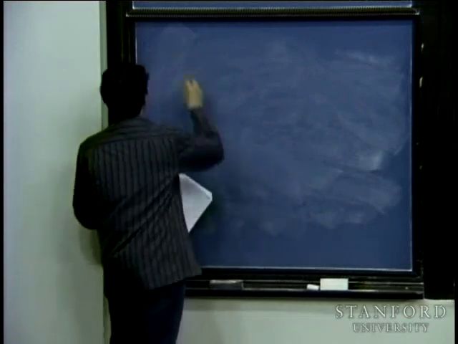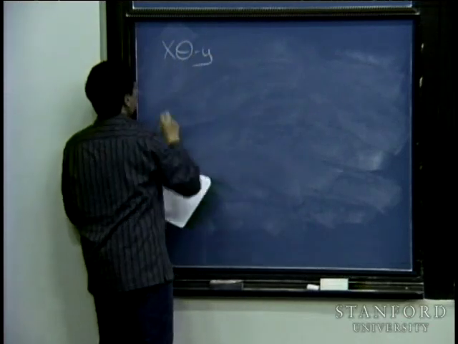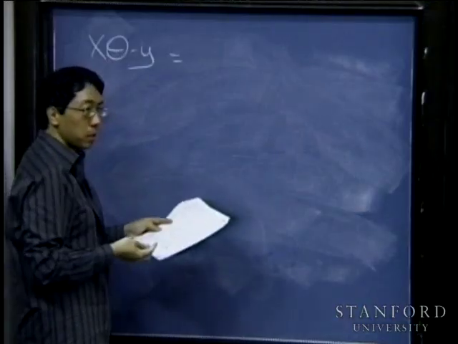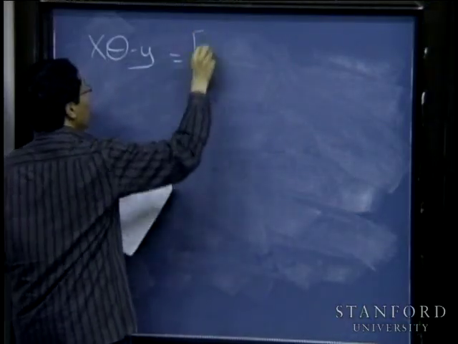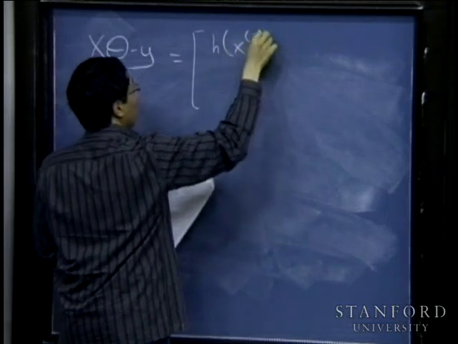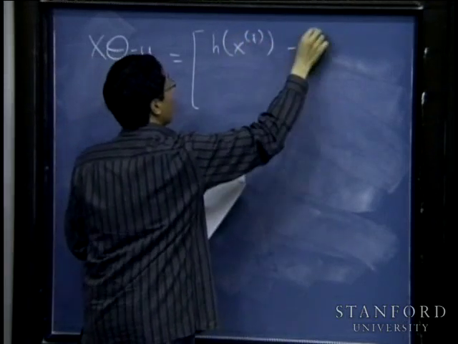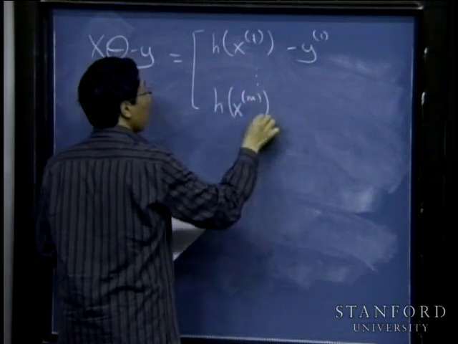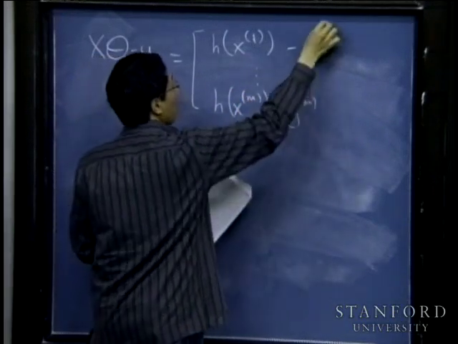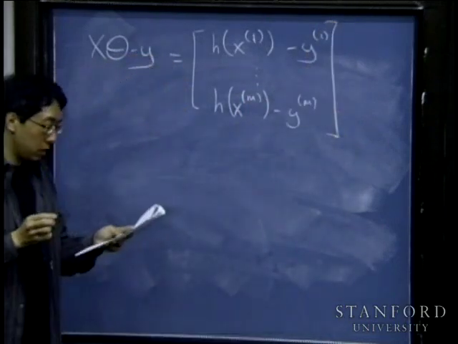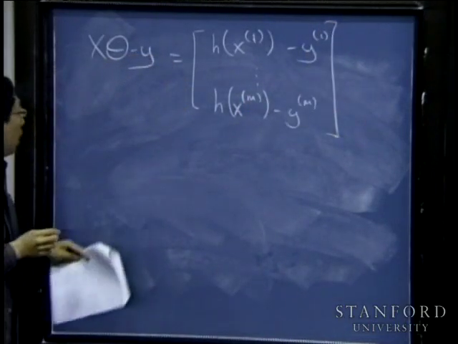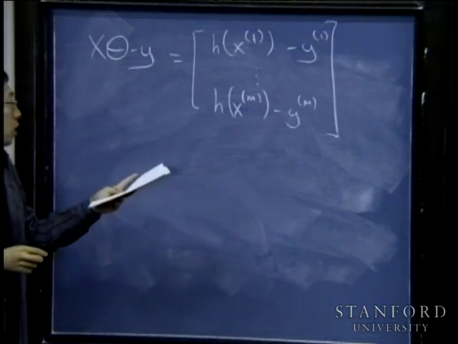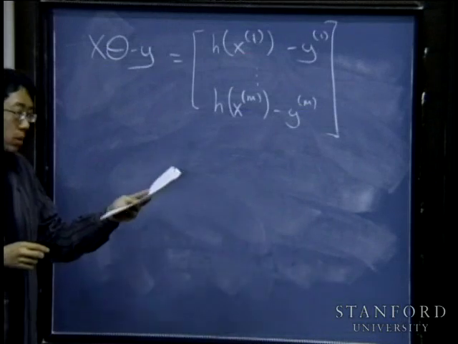So X theta minus Y, containing the math from the previous board, is going to be h of xi minus yi, right? And now X theta minus Y, this is a vector. This is an m-dimensional vector if I have m training examples.